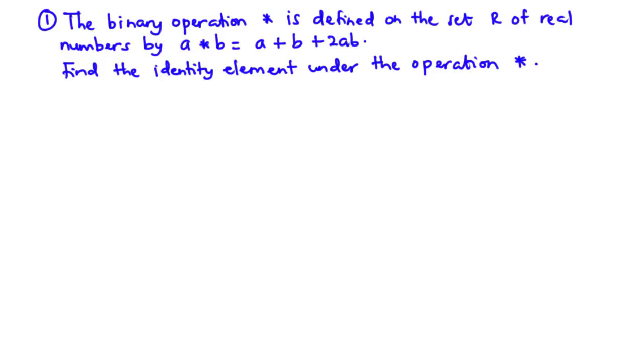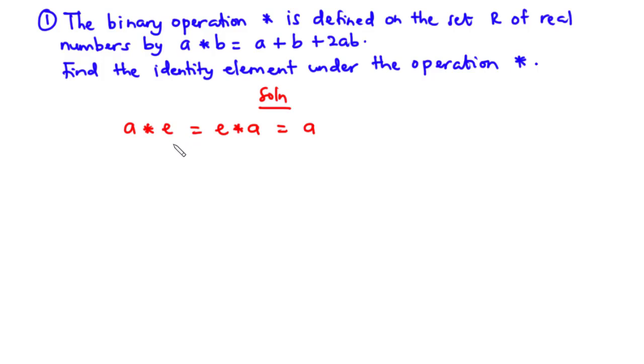So let's solve our first question. The binary operation star is defined on the set R of real numbers by A star B equals A plus B plus 2AB. We are going to find the identity element under the operation star. So we said that to find the identity element, A star E should be equal to E star A, which is equal to A. Now we have a binary operation here, A star B equals A plus B plus 2AB.